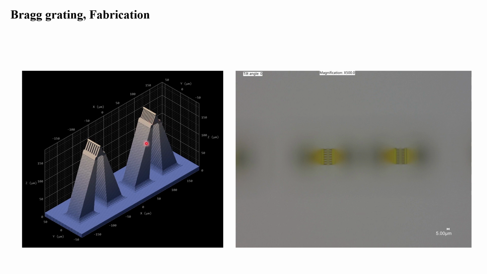We printed these Bragg gratings with Nanoscribe. Here you see an image of those gratings taken under a microscope. It's not easy to see, but we can see the gaps between air and the medium.